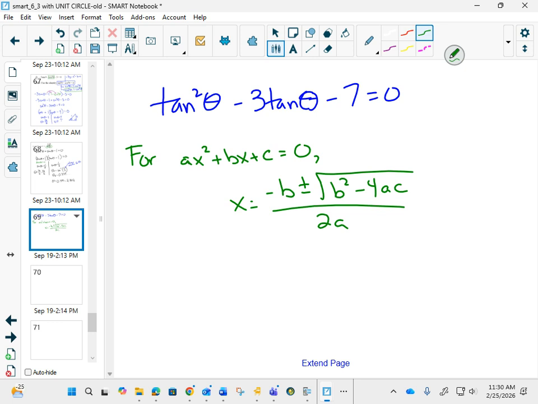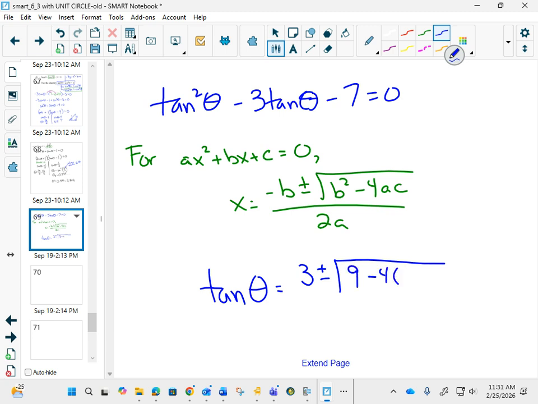How do we use the quadratic formula? Do we have an x squared? No. We have a tan squared. So instead of x equals, we are going to write tan theta equals. Your b value, negative 3, will be a 3. Plus or minus square root, negative 3 squared, 9, minus 4 times the a value, what's in front of the tan squared?